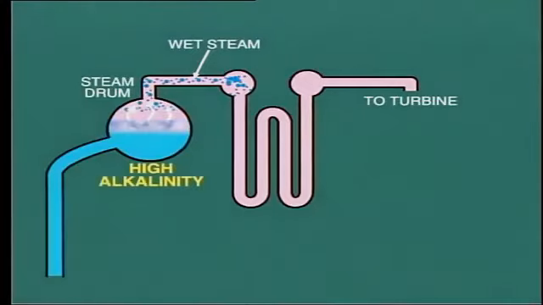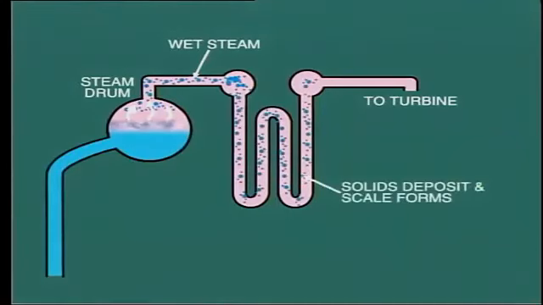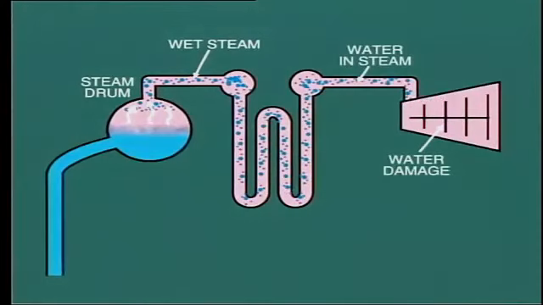High alkalinity in the boiler water may also contribute to carryover. The result is that water is carried on through the superheater, possibly depositing solids and forming scale on the inside of the superheater tubes. The water droplets may also pass along with the steam into the turbine.